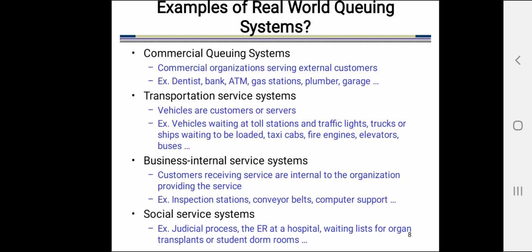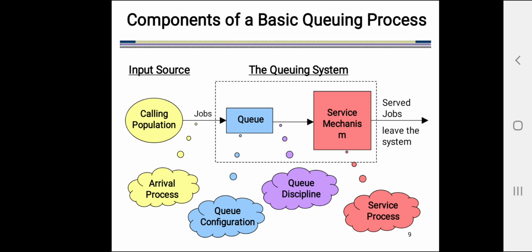Then the social service systems: the judicial process, hospitals, emergency relief, waiting lists for organ transplants or student dorm rooms. These are some service sectors where the queuing system is applied.